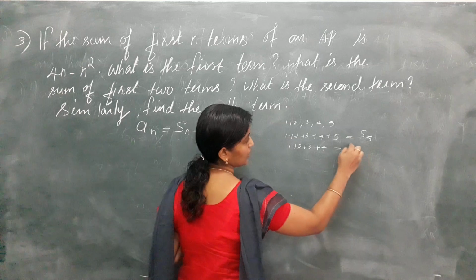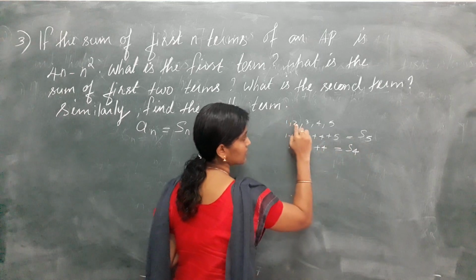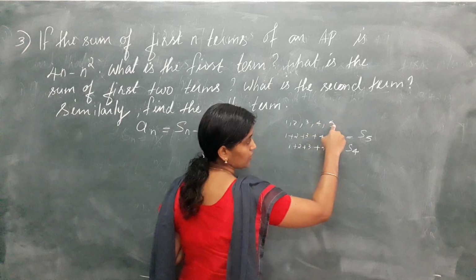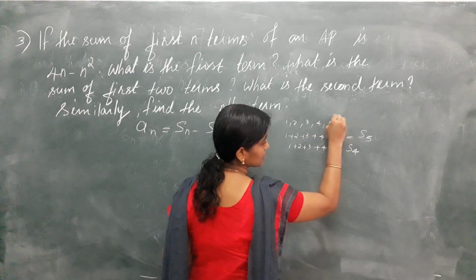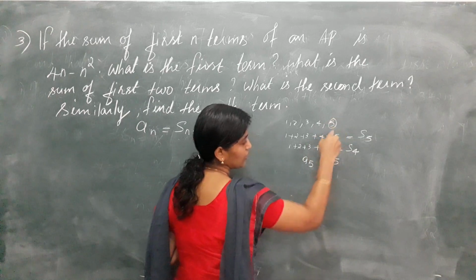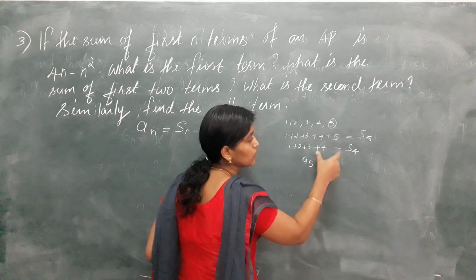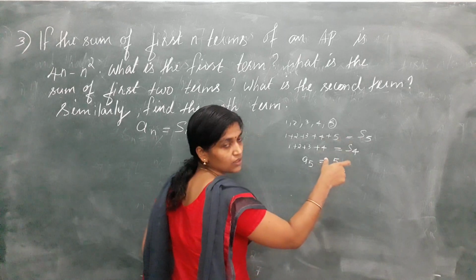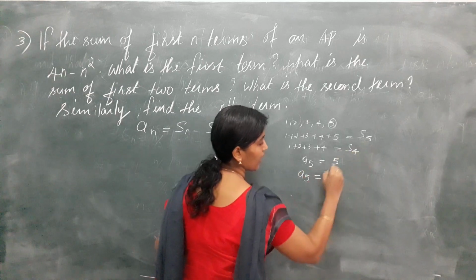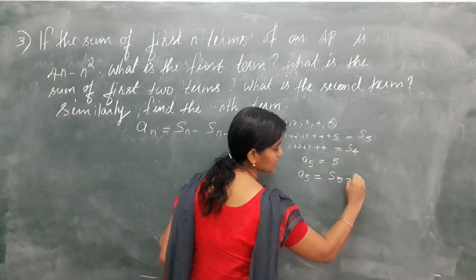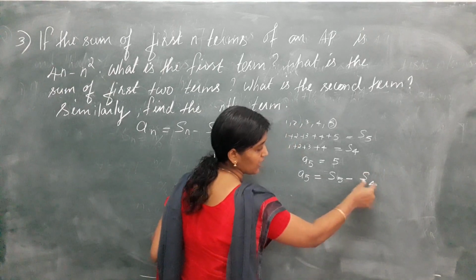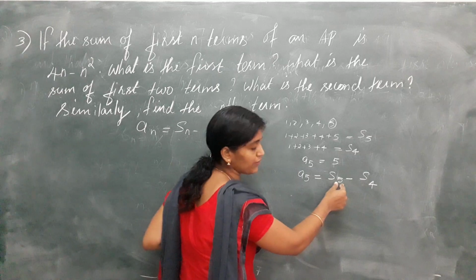Now you can get here, this is the first term, second term, third term, fourth term, fifth term. So fifth term is A5. A5 is equal to 5 here. You can get this fifth term using the sum of the terms. That is, here A5 will be equal to S5 minus S4. S4 means sum of first 4 terms. S5 means sum of first 5 terms.